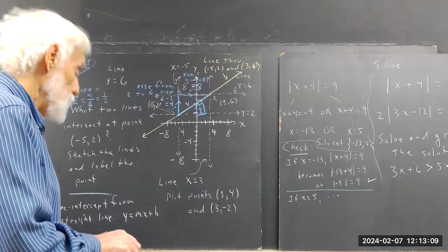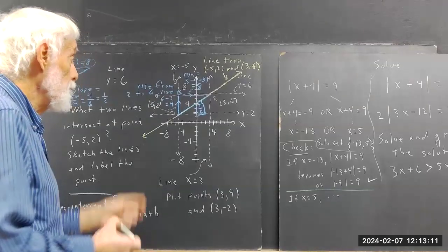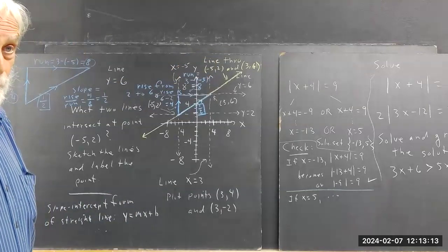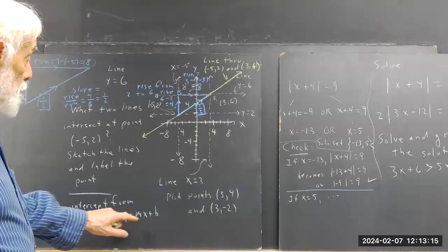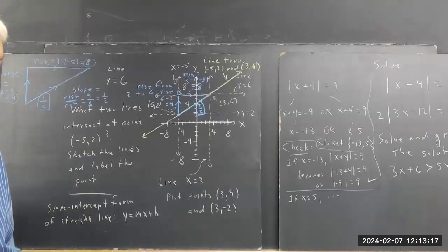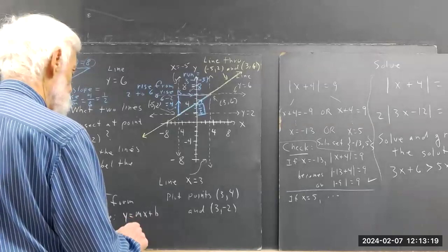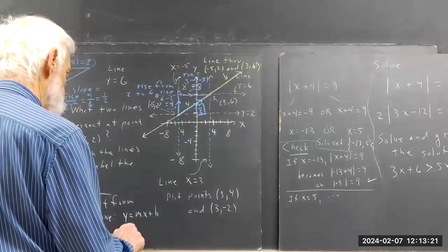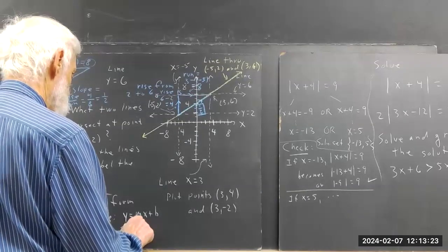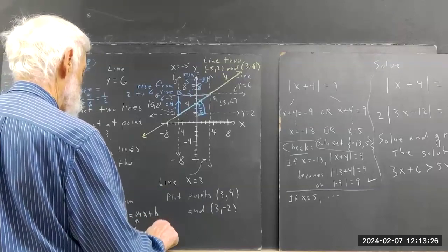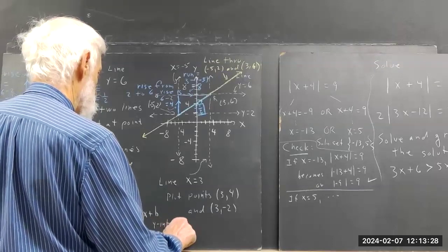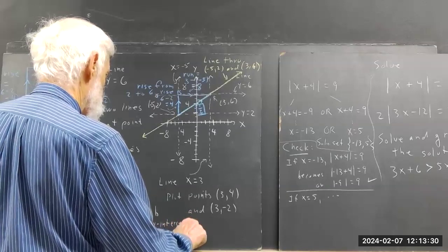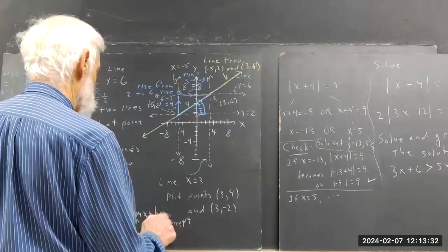Okay, well, now we're close to getting the equation of this line, aren't we? The equation of a line is y equals mx plus b, where m is the slope, and b is the y-intercept.